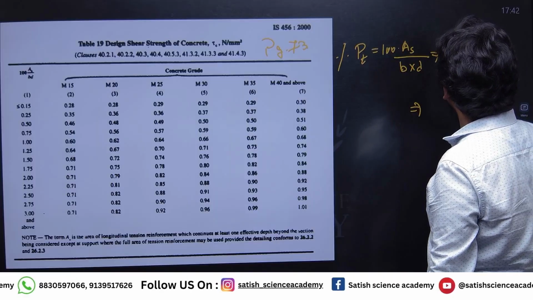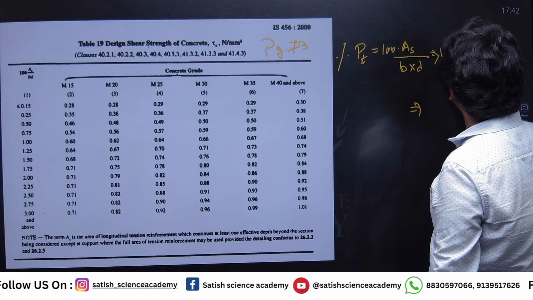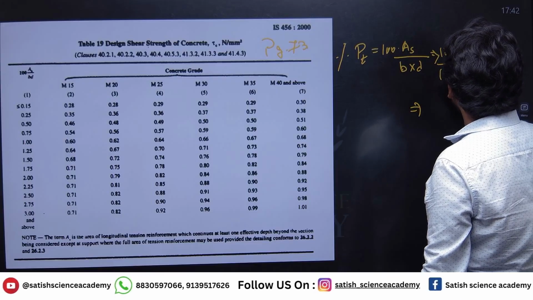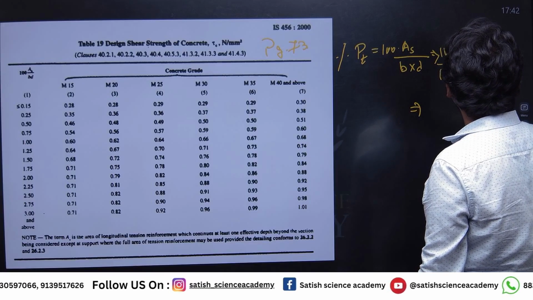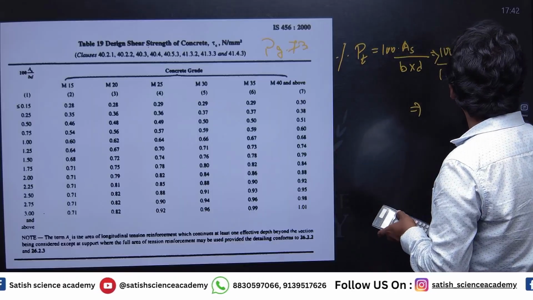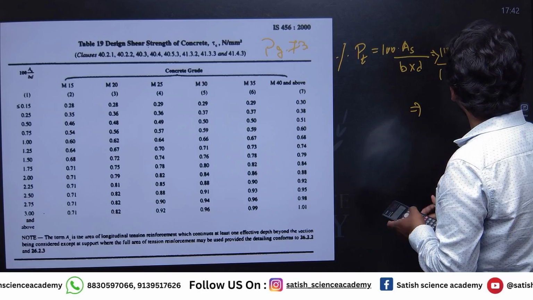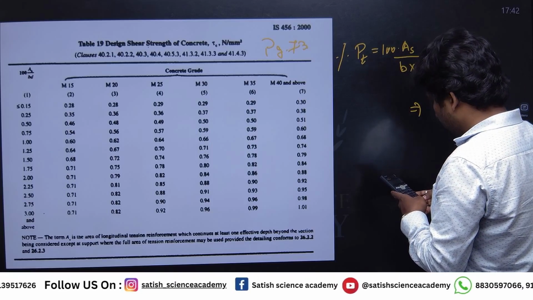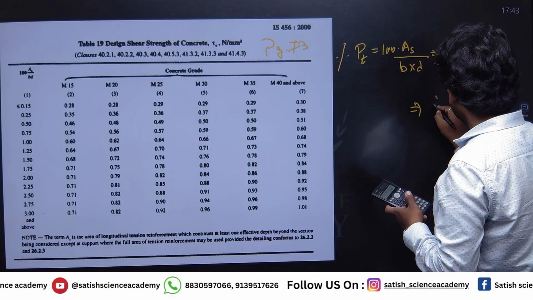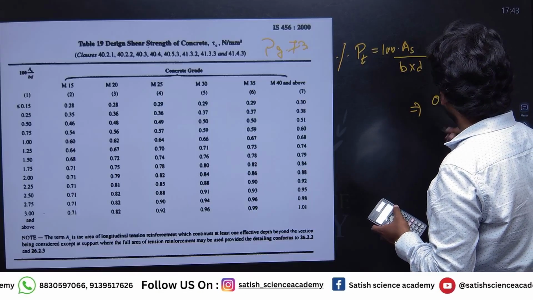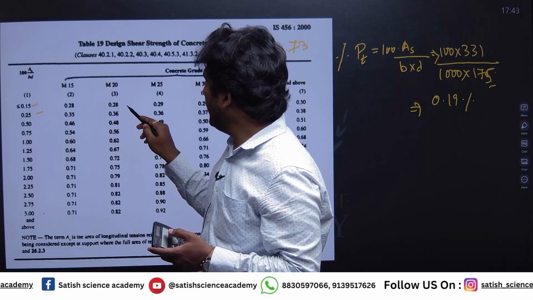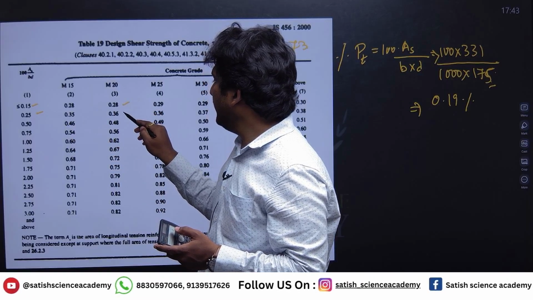So it is 100 into As value 331, divided by b value 1000 into d value 175. So you will be getting percentage of steel, this is 0.19%. So 0.19% is lying between 0.15 and 0.25, and for M20 it is 0.28 and 0.36.